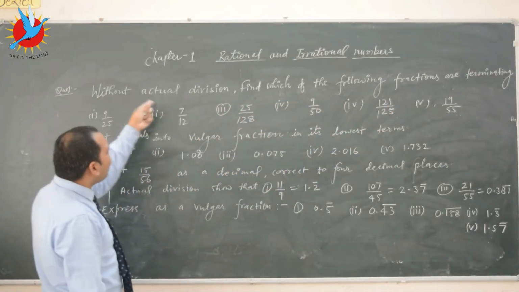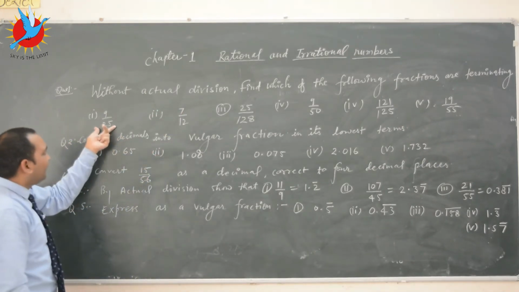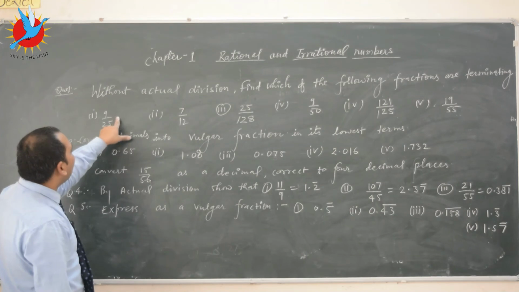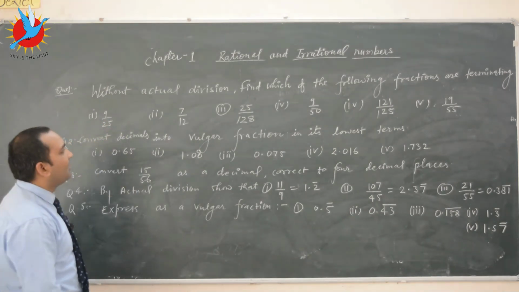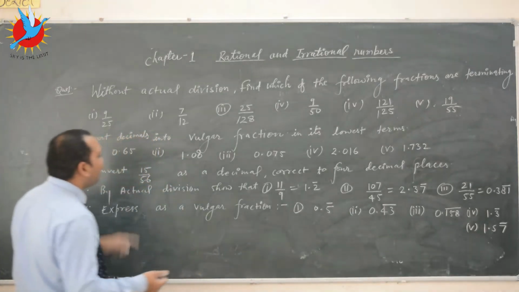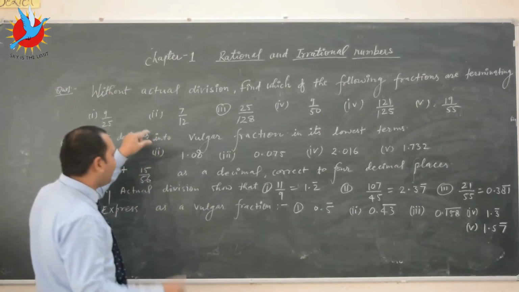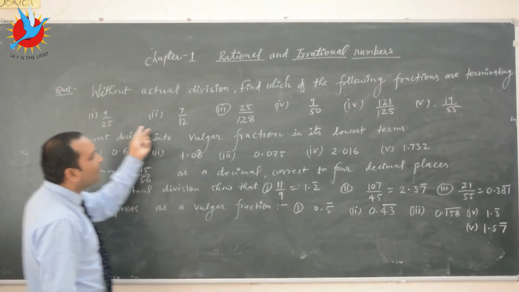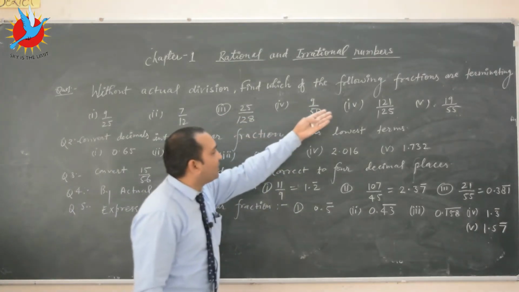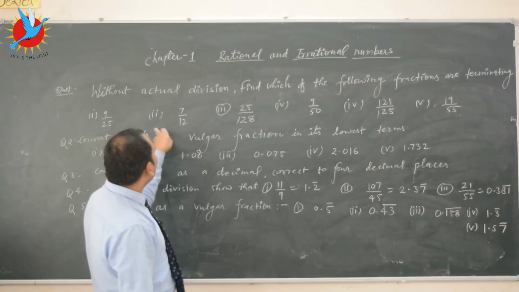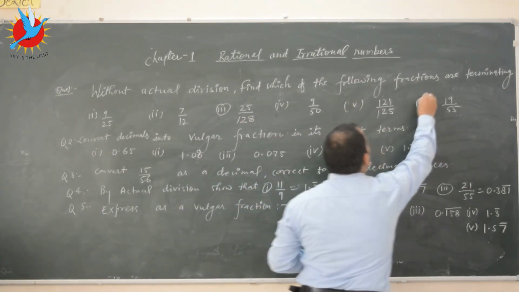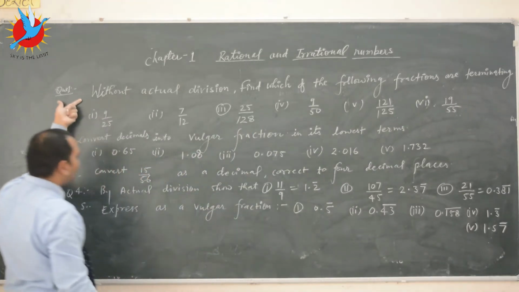So without actual division, without dividing 9 by 25, how can we say that 9 by 25 is a terminating decimal or a non-terminating but repeating decimal? Because all are rational numbers, from 1 to this fifth. 5 questions are given, 3, 4, this is 5 and this is 6. So 6 parts are given in the first question.